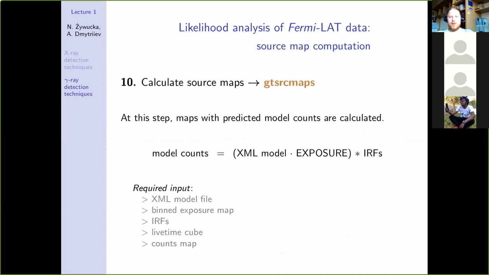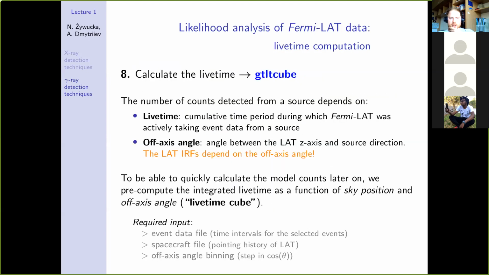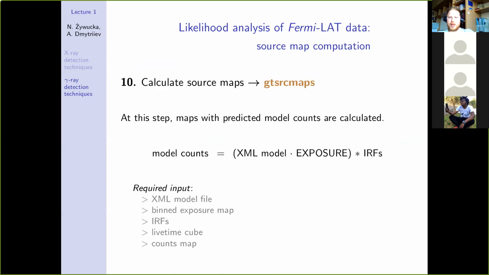And then we compute the model maps. What is this? We predict the number of counts based on our model. We take this model and multiply it by the computed exposure: how long we were observing and what the effective area is.